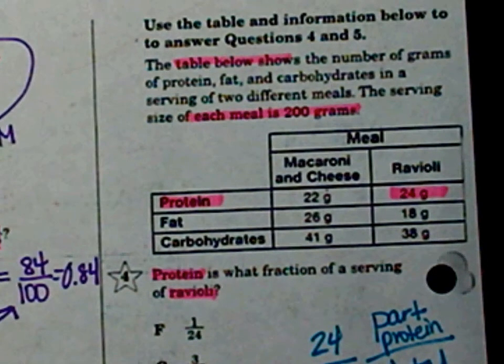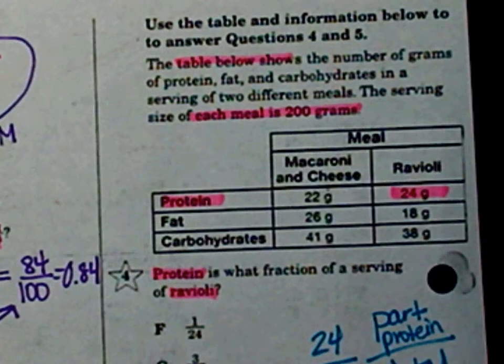Okay, 200 is going to be 2 times 5 times 2 times 5 times 2. 25 times 2, yeah. Okay.